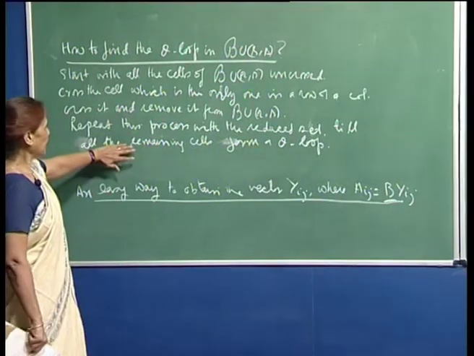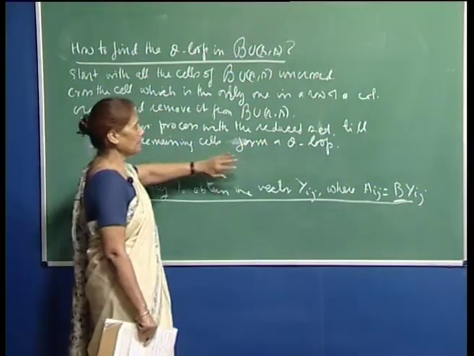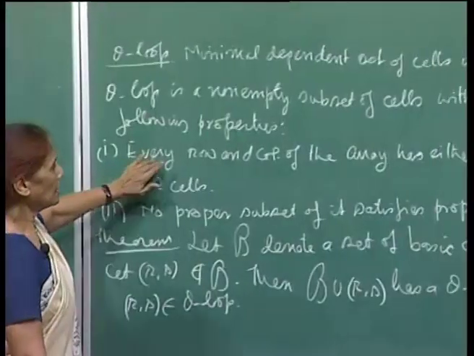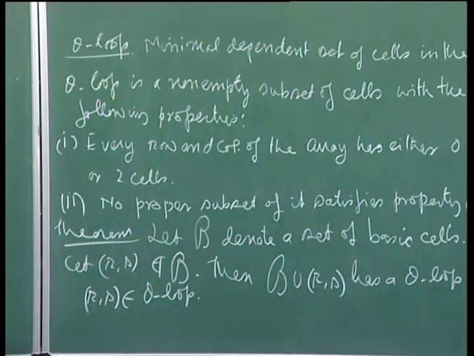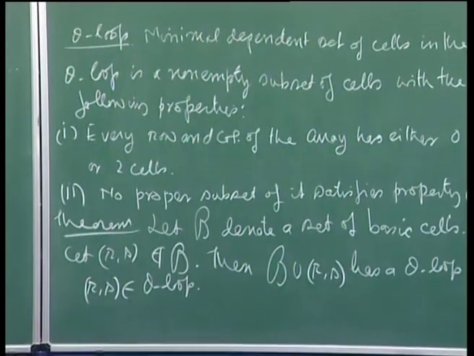So, that means all the remaining cells now will form a theta loop. That means they will have this property that every row or a column has either two of them or 0 of them. So, therefore, this is the idea.